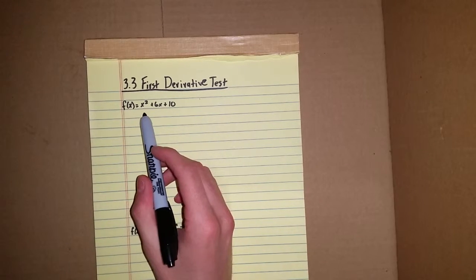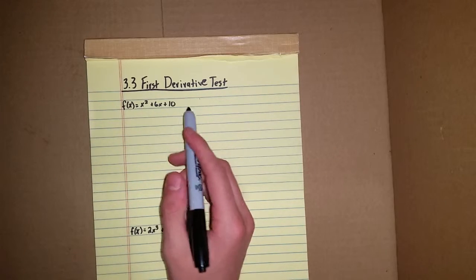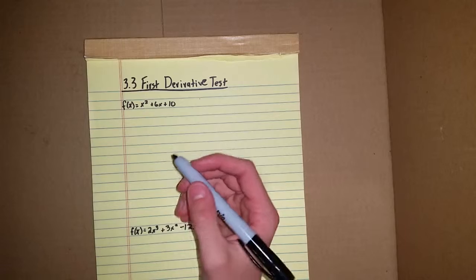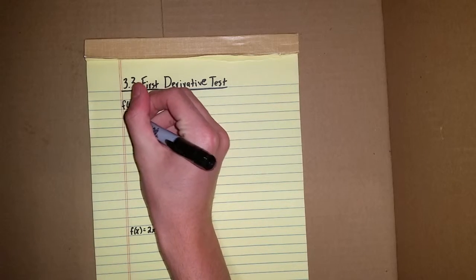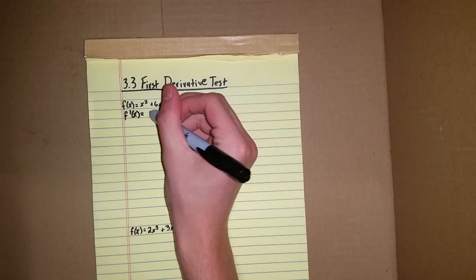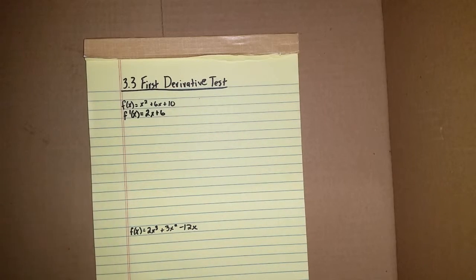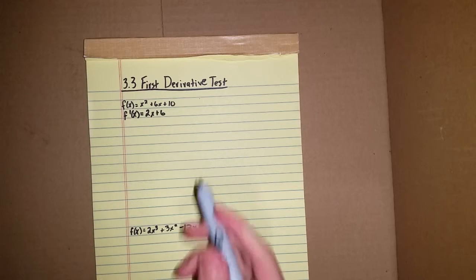So here's our function here, x squared plus 6x plus 10. Now, obviously, it's a first derivative test, so the first thing you have to do is take the derivative. So f prime of x is 2x plus 6. And now what we want to do is set this equal to 0.